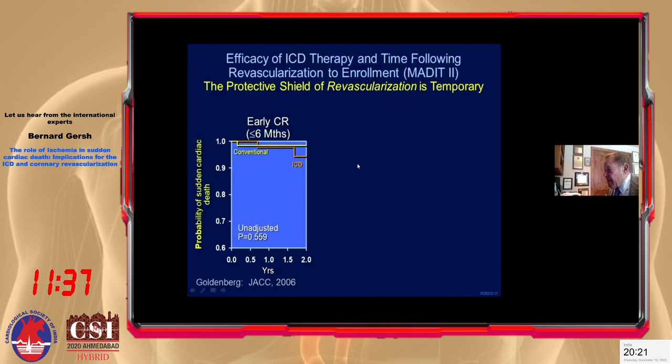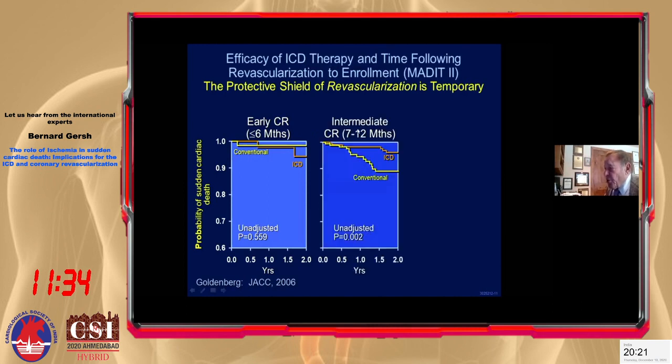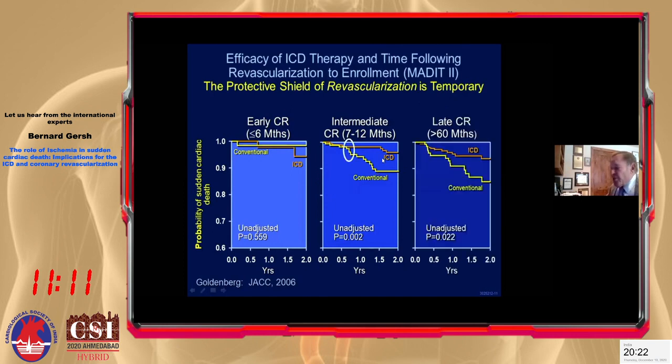But if you go to patients who'd been revascularized 7 to 12 months earlier, you see they are protected for a period of time by revascularization, but then that falls away. The protective shield is temporary, and that group have a long-term benefit from ICDs. And then if you look at those who were revascularized sometime in the past, 5 years or so before entering the MADIT trial, what you see is they're not protected at all. And very early on, there is a benefit of an ICD.